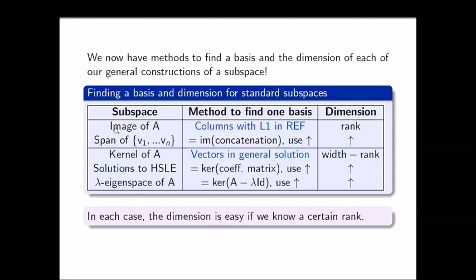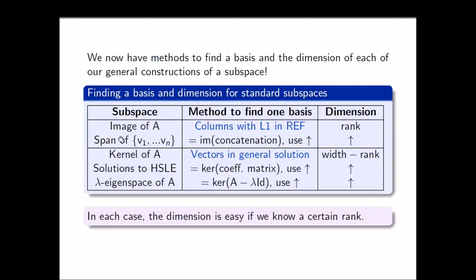So for the image of A, we convert A into its row echelon form, and then we look at all the columns that have a leading one in them, and corresponding to those columns, we pick the columns in A, and those vectors form a basis.